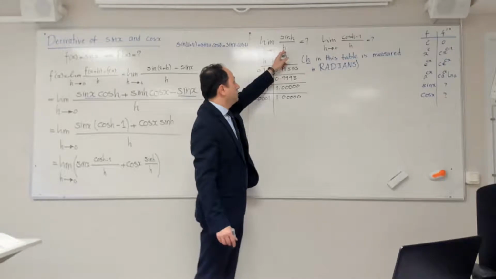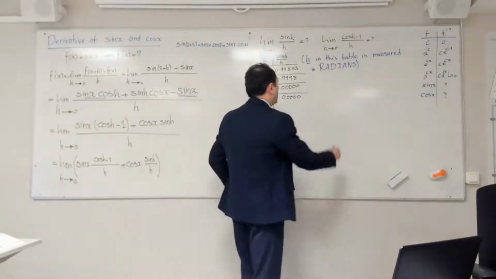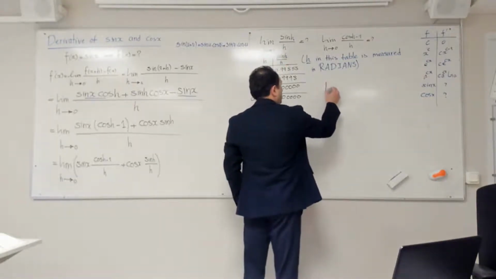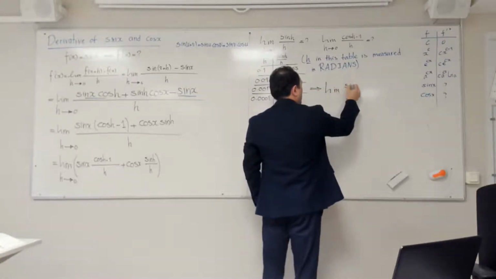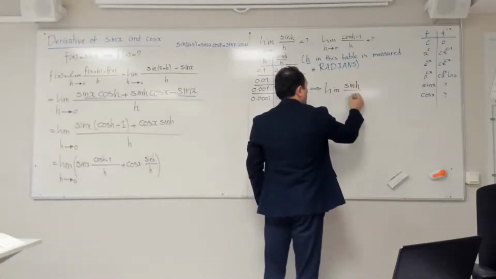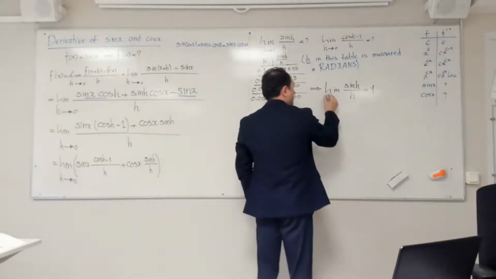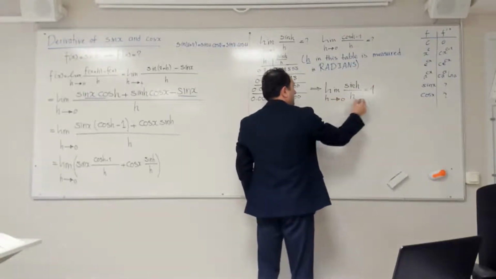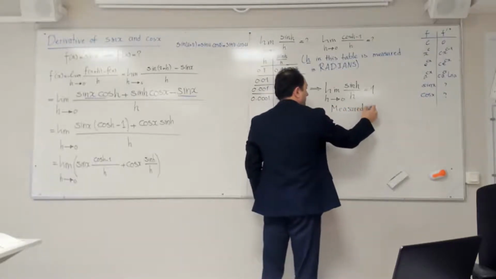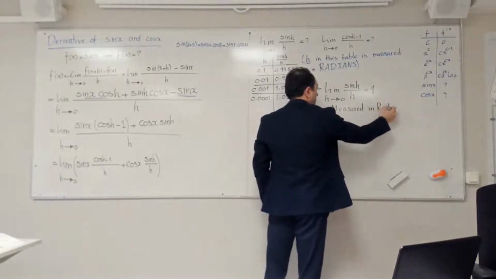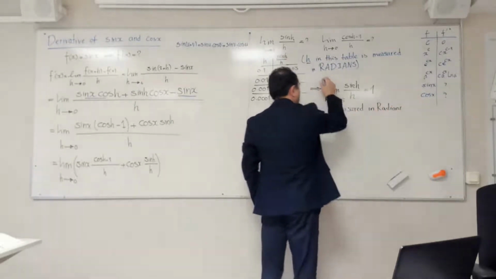Because it needs a theorem that you haven't studied in high school, actually. So this gives me that the limit of sine h over h is equal to 1 when h goes to 0, measured in radians. So this is important.